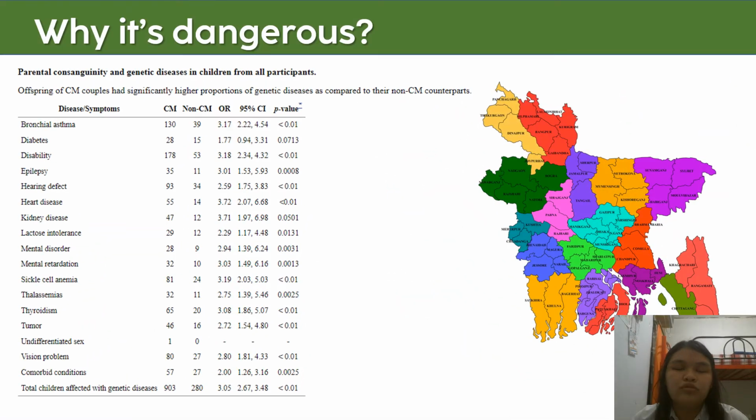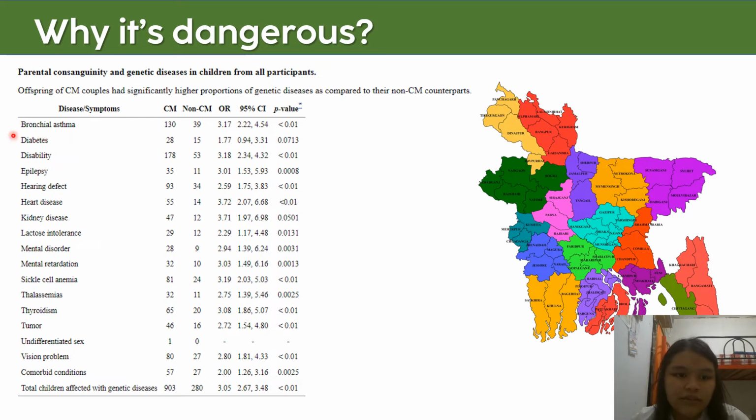To prove that it's not just a theory, some researchers have done research in Bangladesh about this topic, and they found that offspring from inbreeding couples had a significantly higher proportion of genetic diseases. As we can see in this table, CM means the inbreeding couple offspring, and non-CM means that the parents are not inbred.